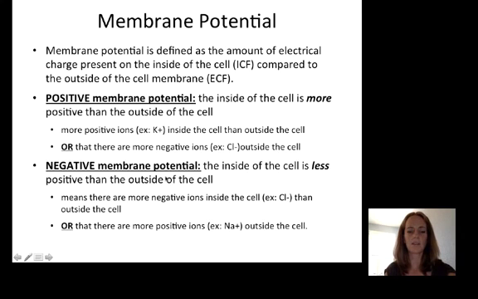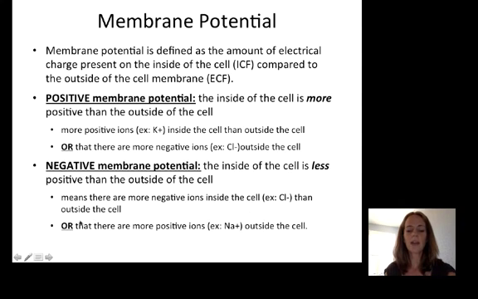Negative membrane potential is the opposite. This is when the inside of the cell is less positive than the outside of the cell. And there's two ways to do this. You could have more negative ions inside the cell, for example, a bunch of chloride, compared to outside the cell.